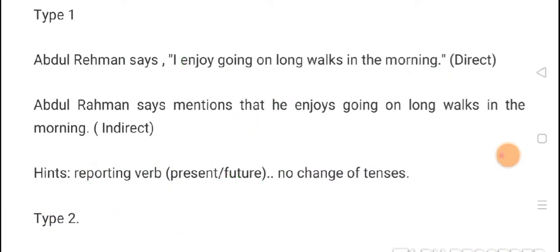So what is the tense here? The tense is "I enjoy." This is also present, so you can see the tense is not changed, and that's why it becomes "he enjoys." So what is changed? Other parts of speech will be changed, but not the tense. "I" will be changed into "he."